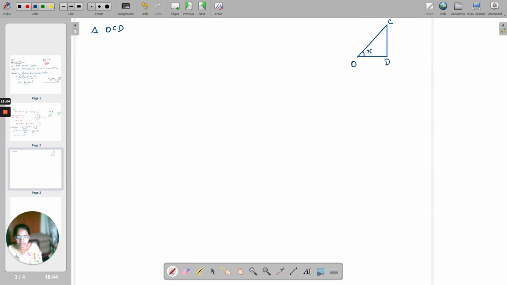What is the formula for sin x? Opposite by hypotenuse. Which is the opposite side over here? That is CD. This is the opposite, hypotenuse and adjacent, right? So that would be CD divided by OC. Now what is CD from here? That is OC into sin x, this is equal to CD.